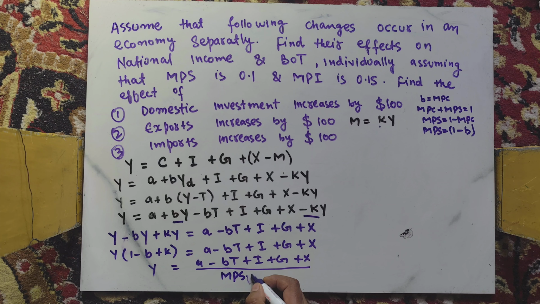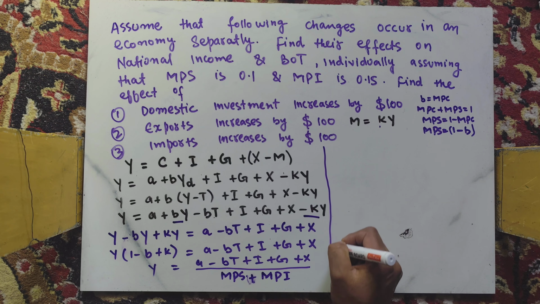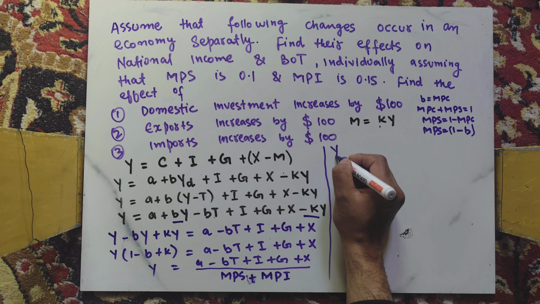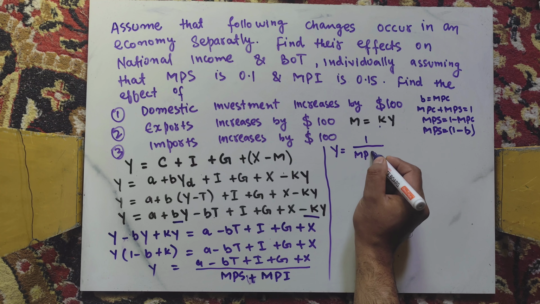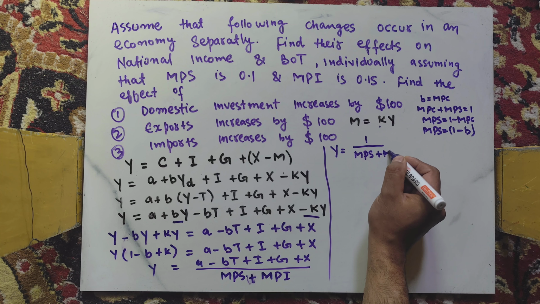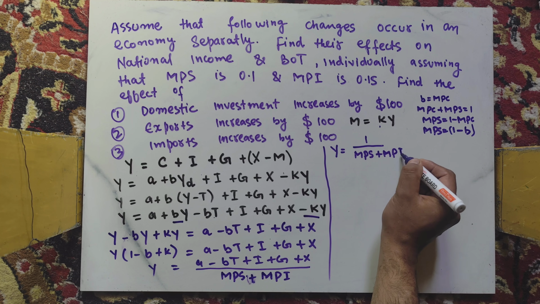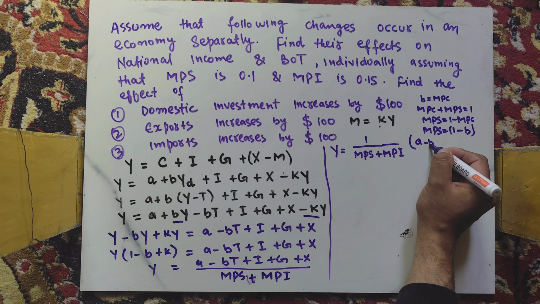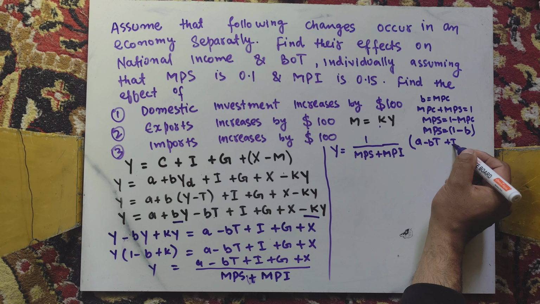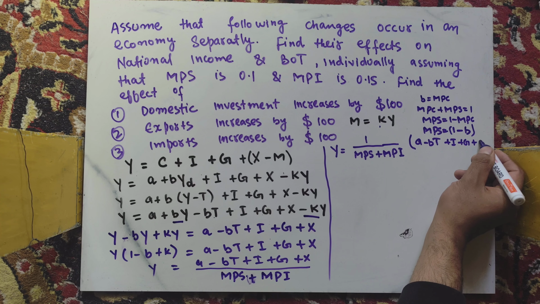So we got our income will be equal to 1 divided by MPS plus MPI, times these terms, that is A minus BT plus I plus G plus X.